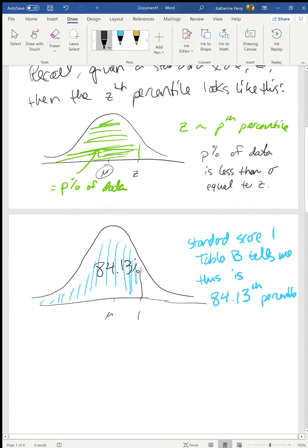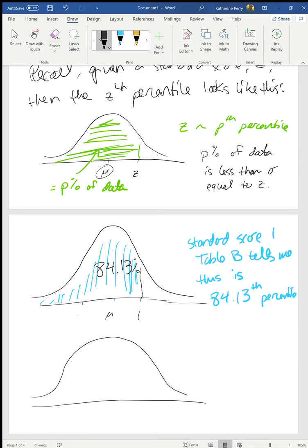And so I go over here and I can find out what that is. So here's the -1, and then this part over here, I don't want to count. So I don't want this. But I can figure out what that is. So again, here's mu, here's my -1, and I can find this percentile. So go here, and this is what I'm calculating. I want to know what area that is.